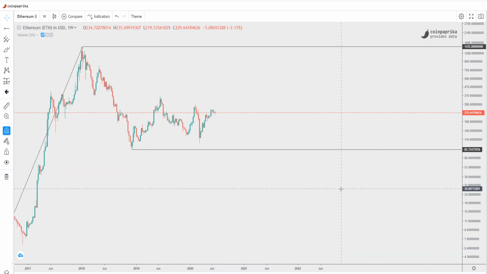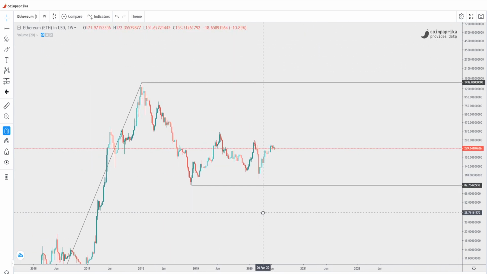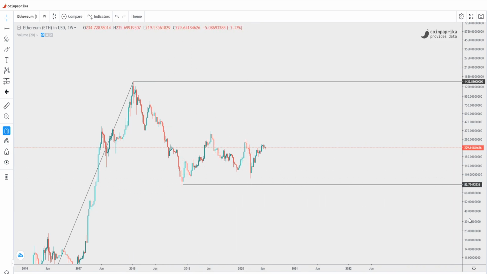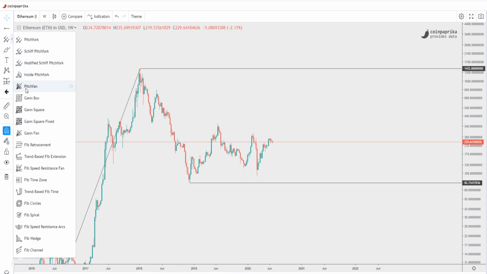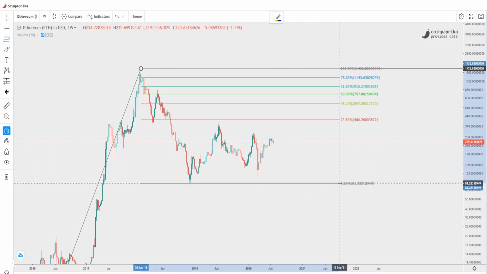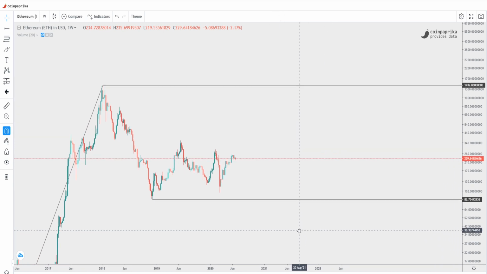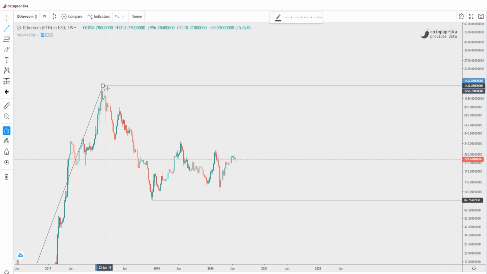Also, I can't use my Fibonacci setup here on CoinPaprika. I can set up, but it will blow if I try to draw the Fibonacci here. Just a second, so you guys can understand what happens. You see, broken. So a thing that we can do here is go by hand.